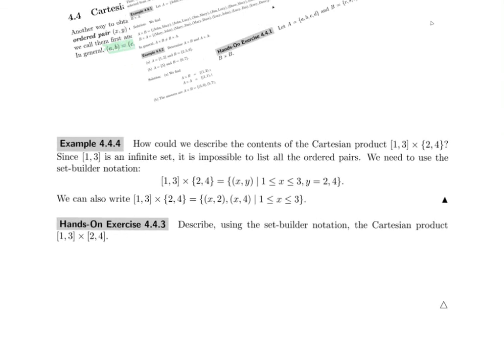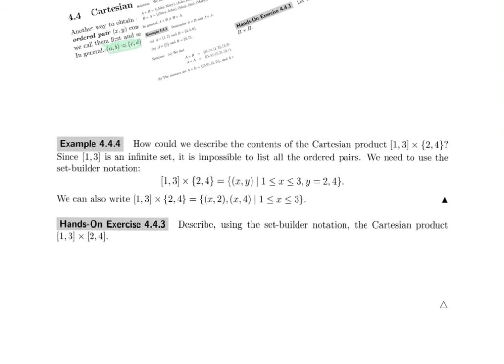Now we're going to consider how you describe Cartesian products between sets that are not necessarily finite. We'll explore that through example 4.4.4. We're going to look at the Cartesian product of the interval [1, 3] cross the set {2, 4}.